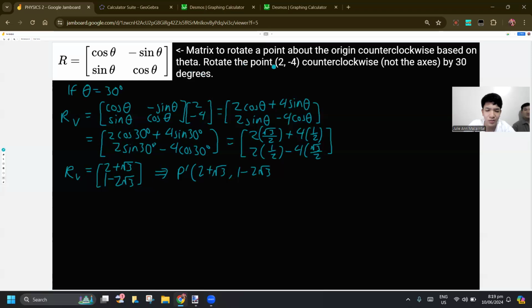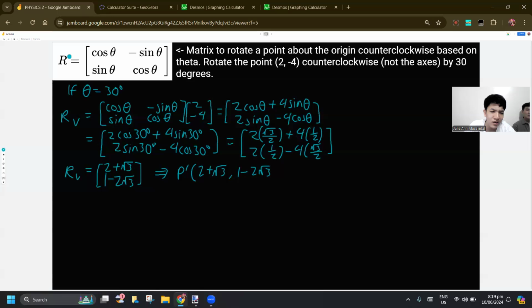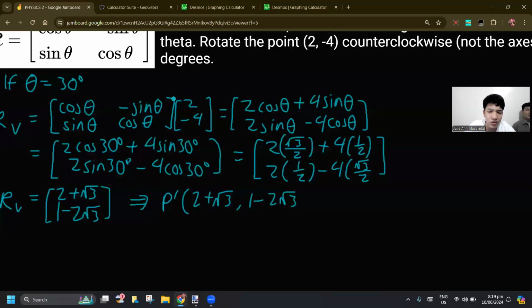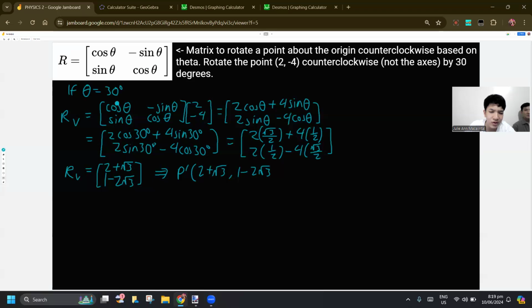So here, rotate the point 2, -4 counterclockwise, not the axis, of course, by 30 degrees. We use this formula, the rotation matrix. First we convert 2, -4 into a vertical matrix, so it's just a vector.